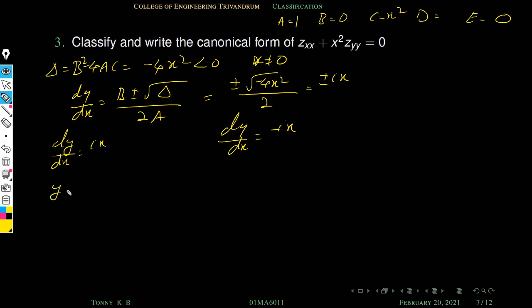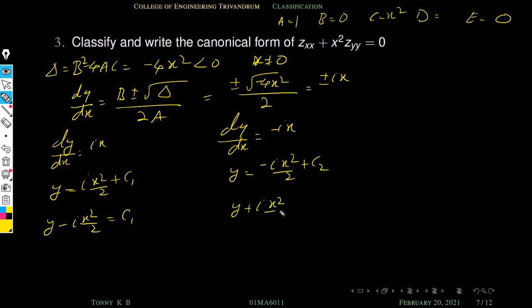So the solution is y equals i times x square by 2 plus some c1, and y equals minus i x square by 2 plus c2. We can rearrange this: y minus i x square by 2 is equal to c1, and y plus i x square by 2 is equal to c2.